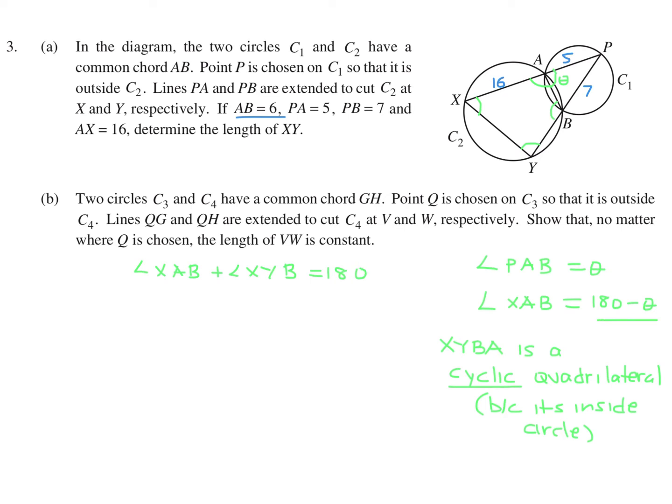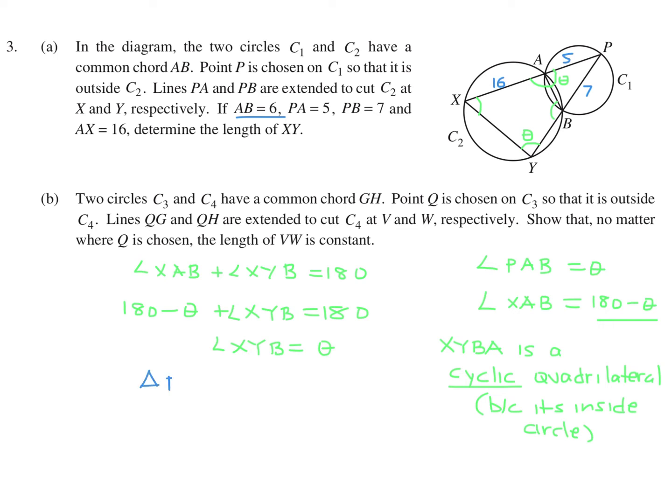Now XAB I've just called 180 minus theta, and therefore we can isolate angle XYB, which would be just theta. So that helps us a lot because now we have a similar triangle situation. We have similar triangles as follows.